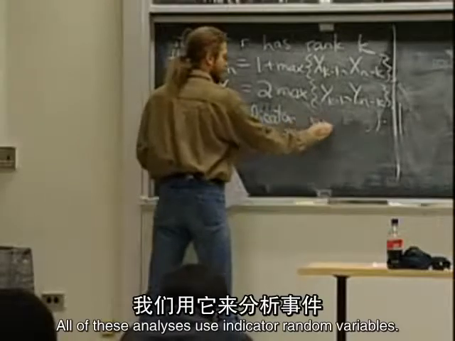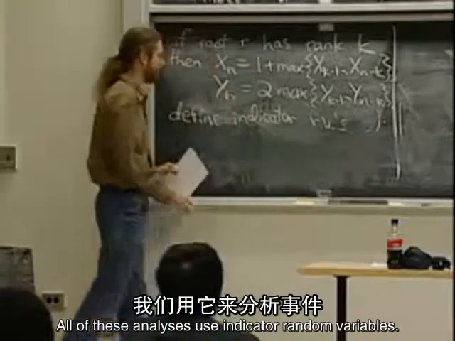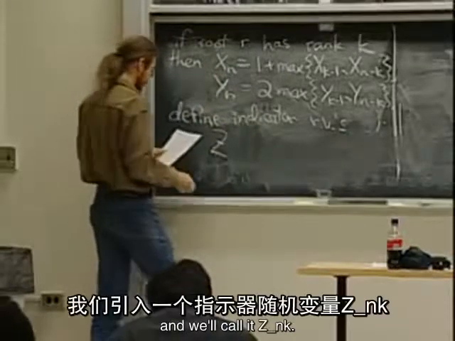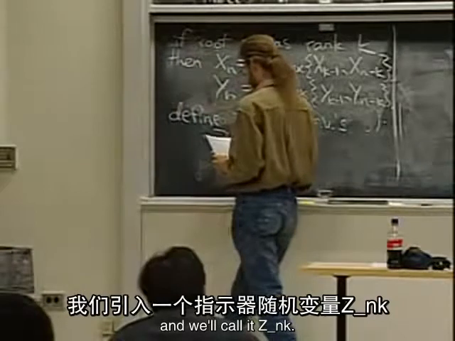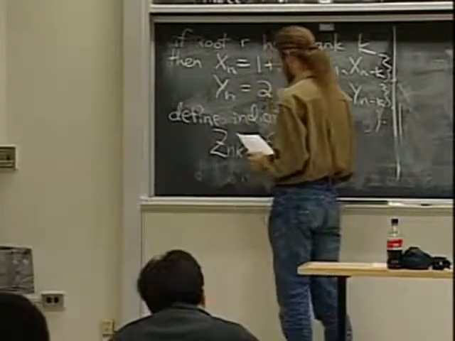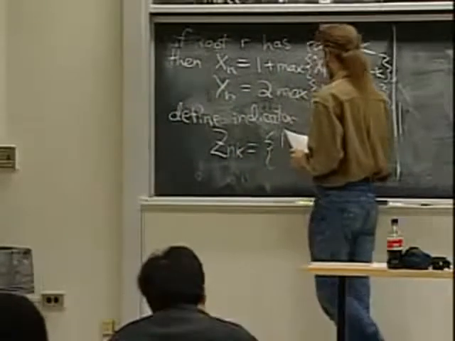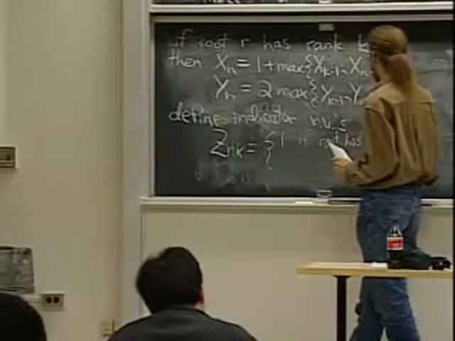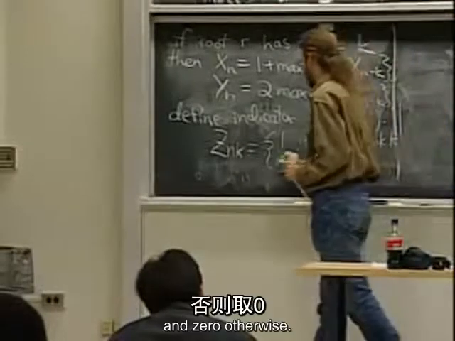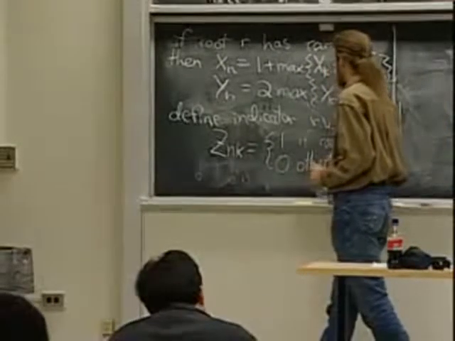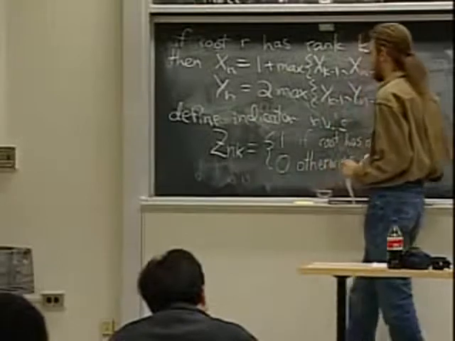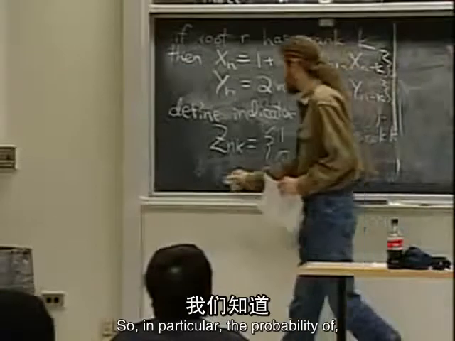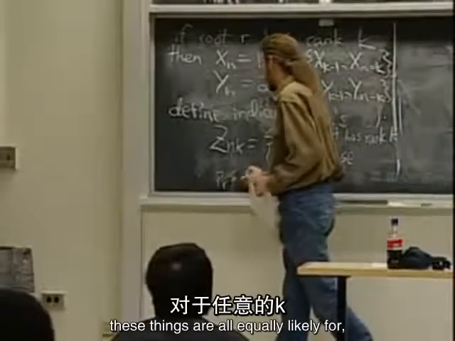All of these analyses use indicator random variables. So they will just represent this event, and we'll call it z_nk. It's going to be 1 if the root has rank k, and 0 otherwise. In particular, these events are all equally likely.